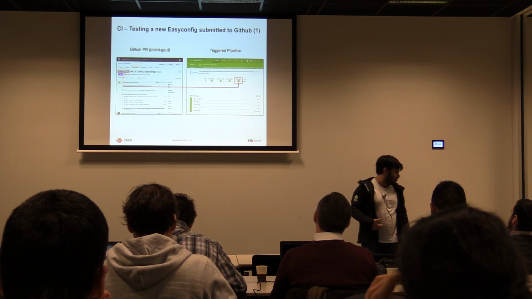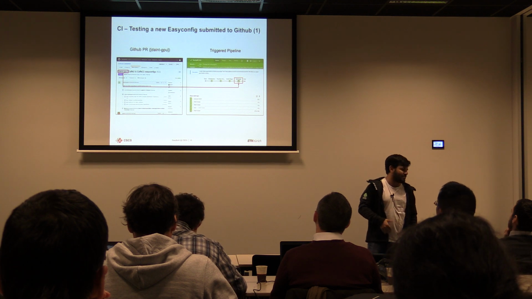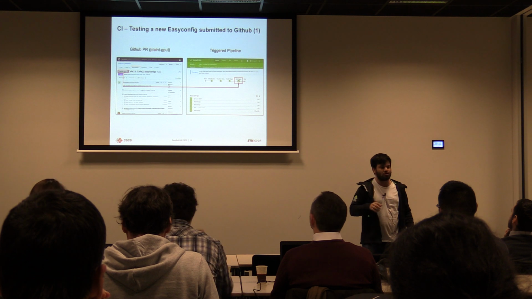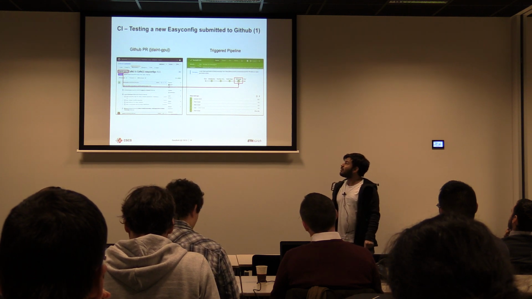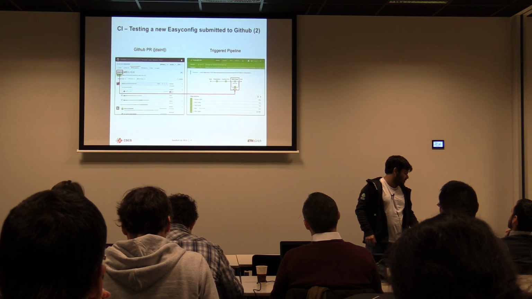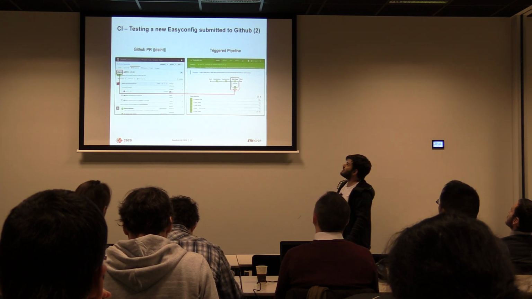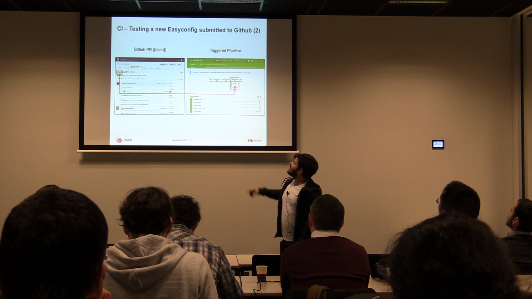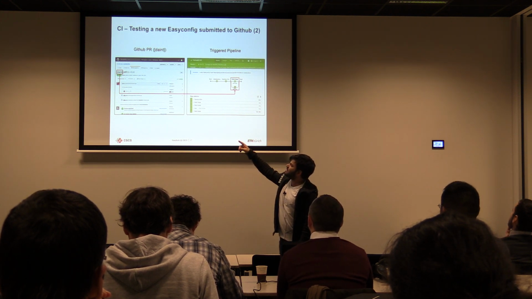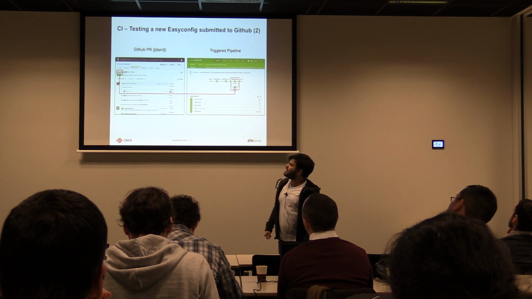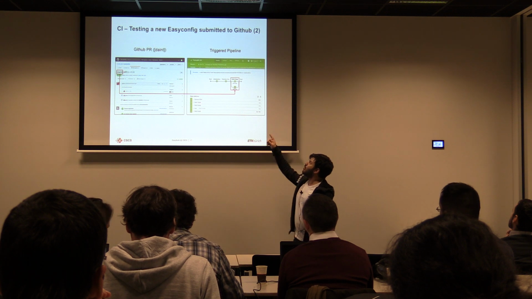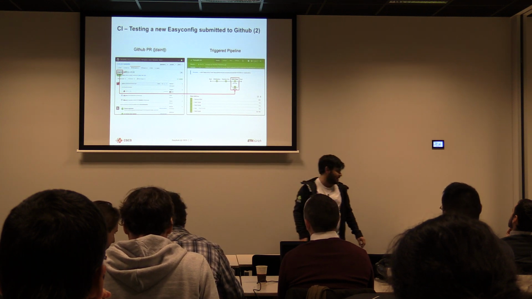We have the convention that if the machine supports multiple configurations like Dyn, which has also GPU and multi-core partitions, and the user doesn't specify a partition, this EasyConfig must be run on both partitions. So you see here that we have only Dyn. The user says that he wants to run the EasyConfig in Dyn, and so it runs in parallel by Jenkins in both Dyn GPU and Dyn MC.